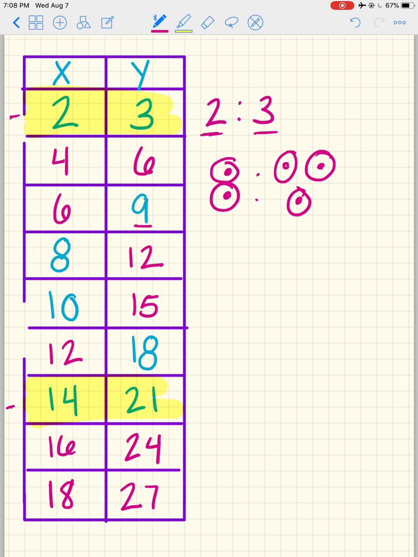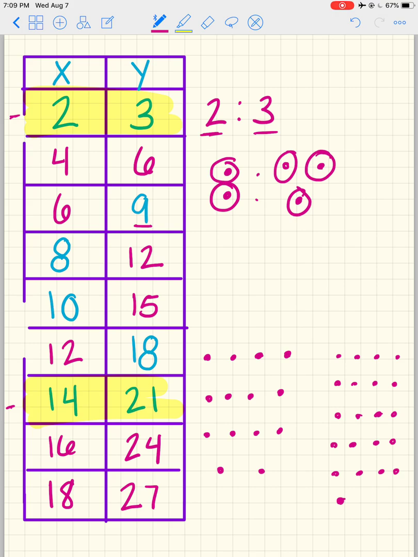So 14, I'm going to draw 14 dots. Then I'm going to draw 21 dots.